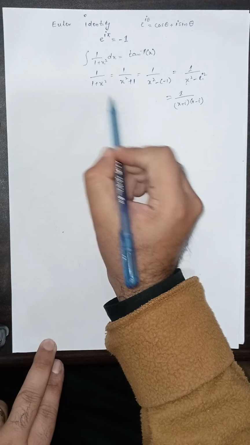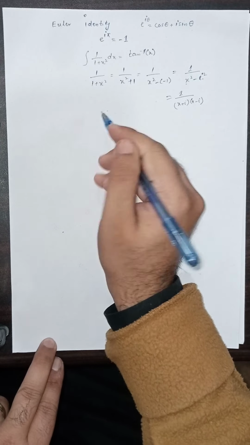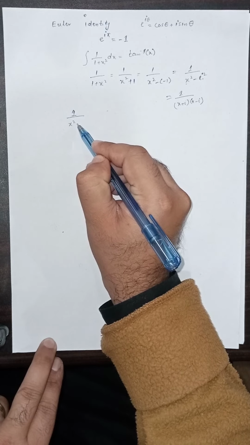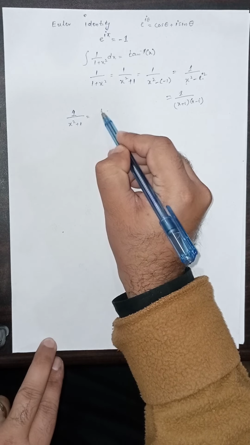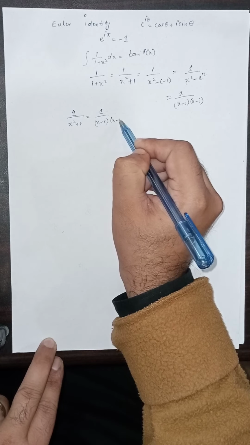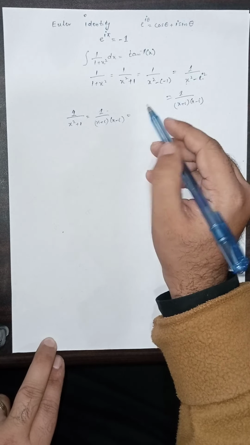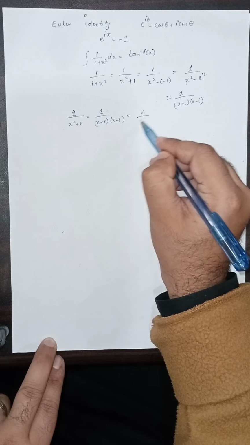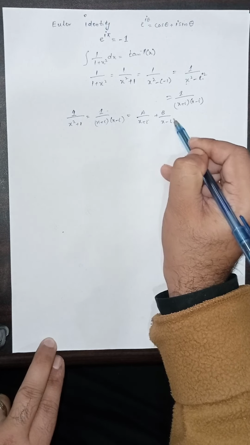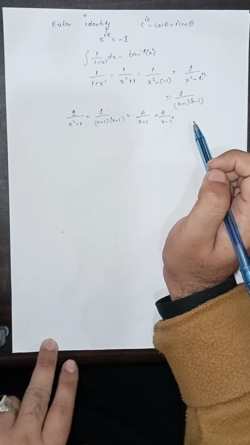If I split this fraction with the help of partial fractions, then 1 divided by x² + 1 is equal to A divided by (x + i) plus B divided by (x − i).